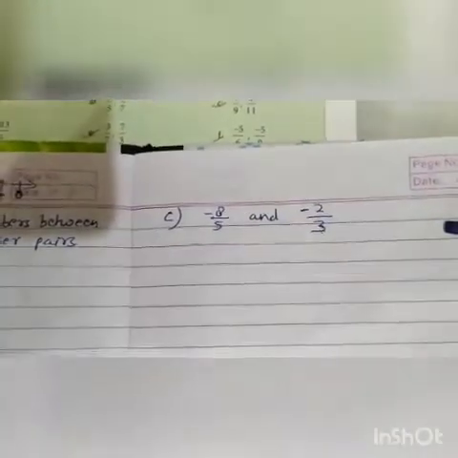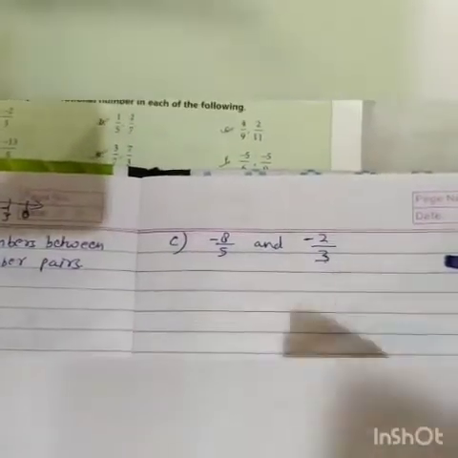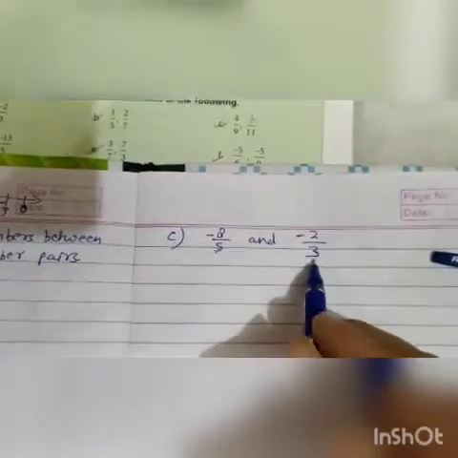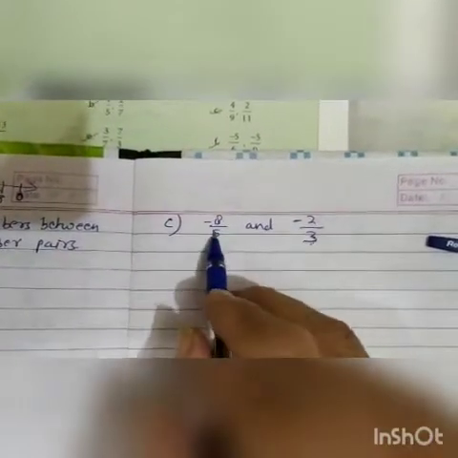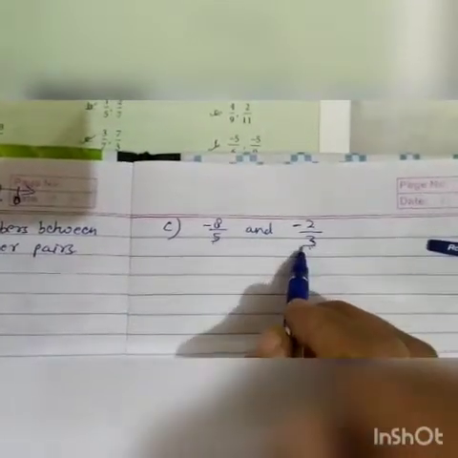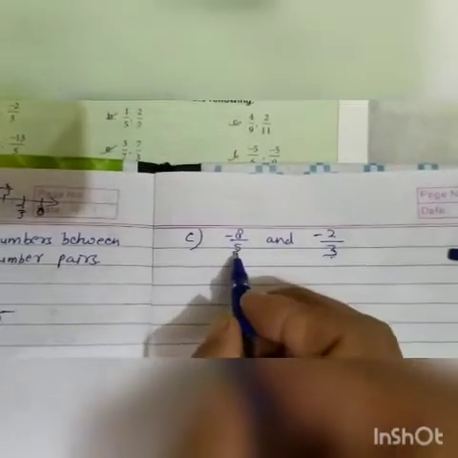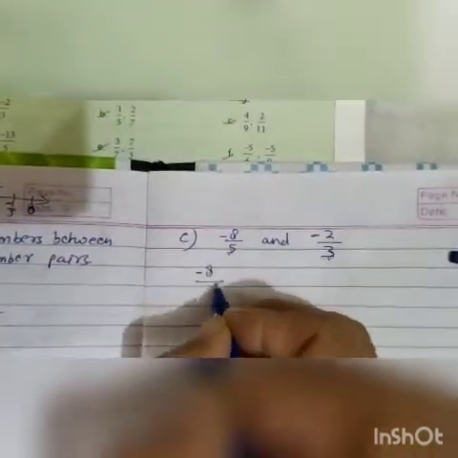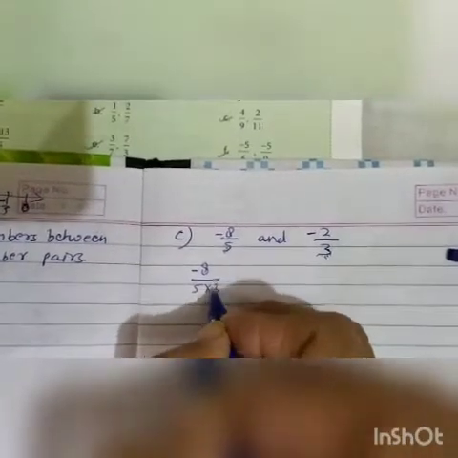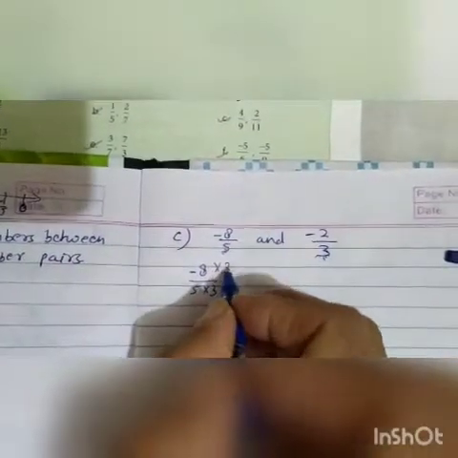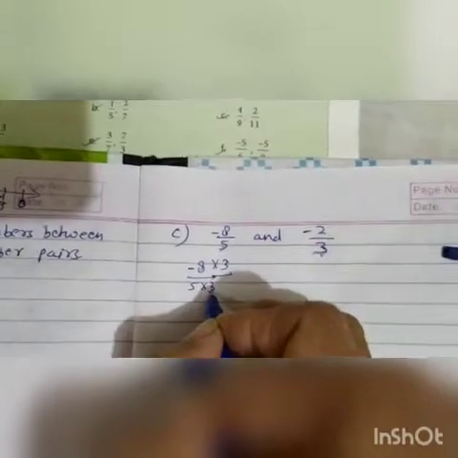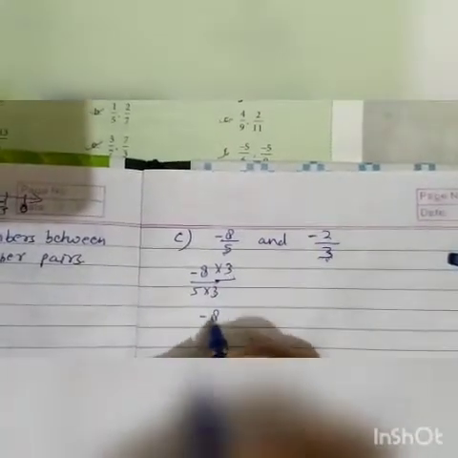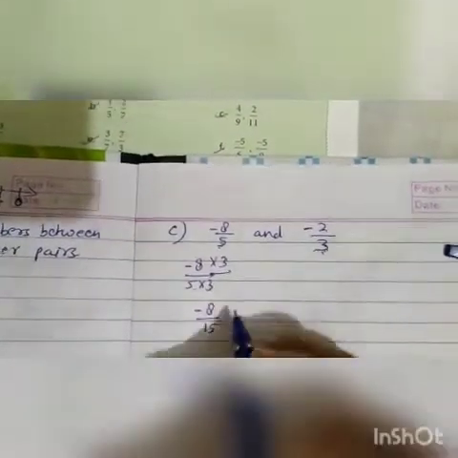So first we will find the LCM of 5 and 3, and their LCM will be 15, because both are prime numbers. So first we will make their denominators the same. How? Minus 8 upon 5: if we multiply both the numerator and denominator by 3, it will be minus 8 times 3 upon 5 times 3, which is 15.